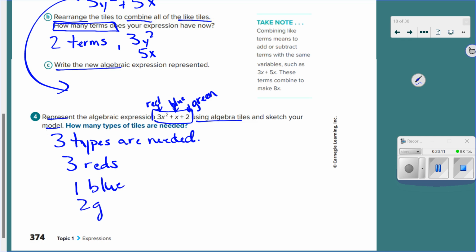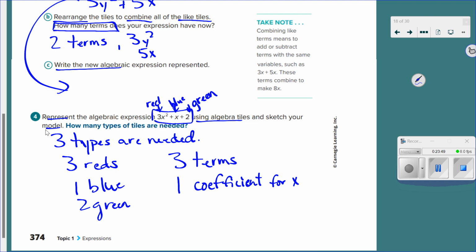How many terms did you have in this expression? 3 terms. What was my coefficient for the x? 1. 1 coefficient for x. That wasn't in the questions. I'm just trying to pound this point in, right? And that's because I only had 1 blue tile, right? Make sense, guys?